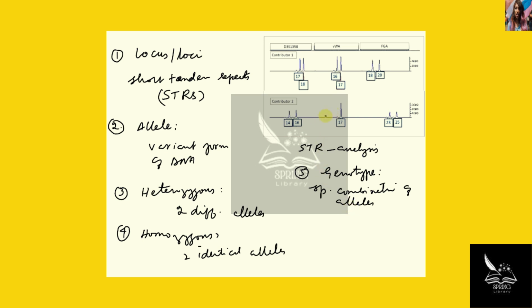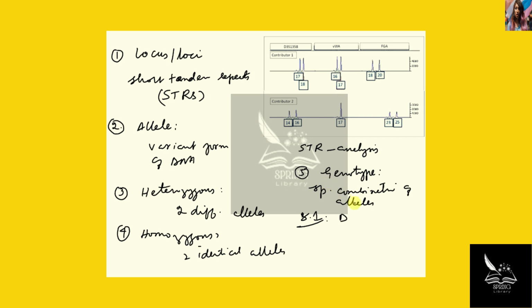In the STR analysis chart, the genotypes of the suspects are represented by the combinations of alleles at each locus. For example, the suspect 1 genotype at the D3S1358 locus is 17 and 18.